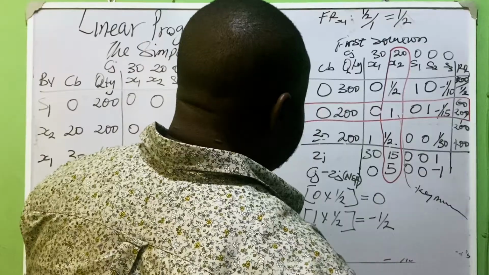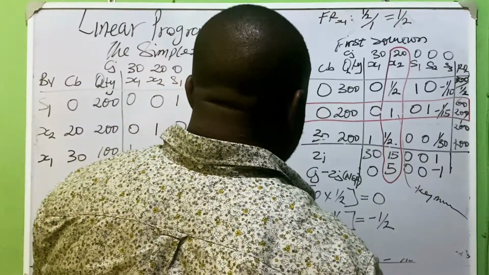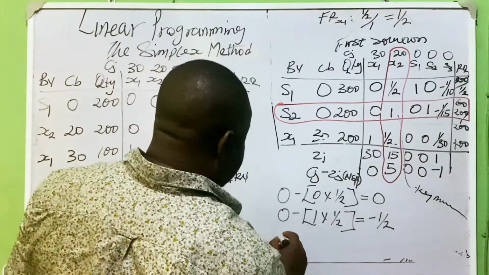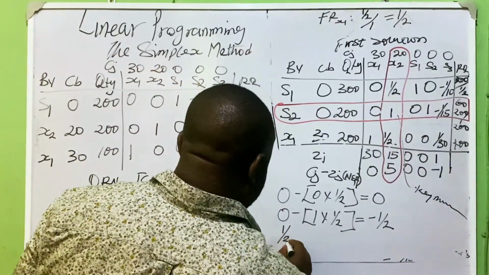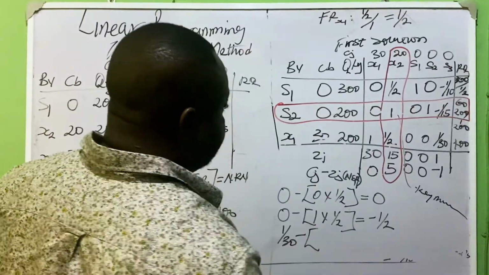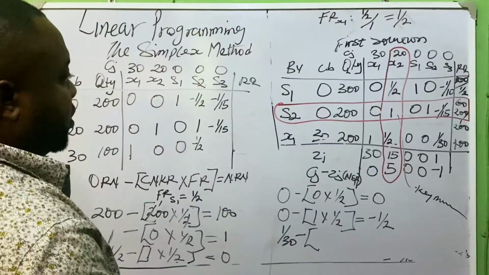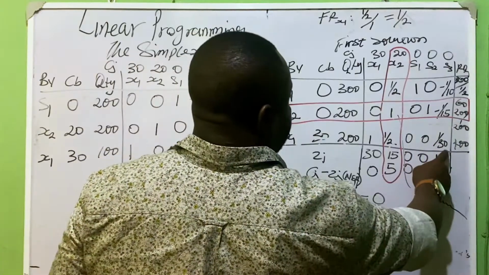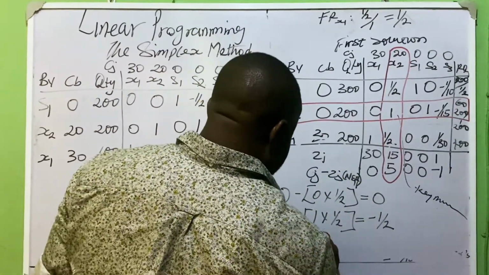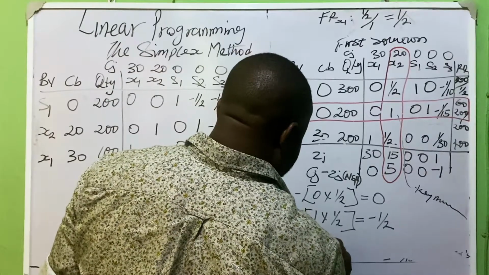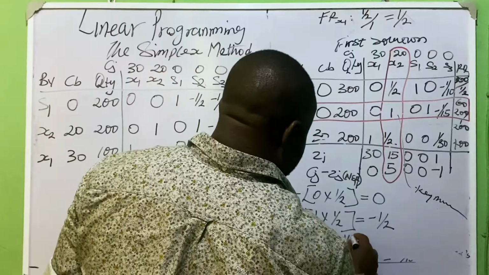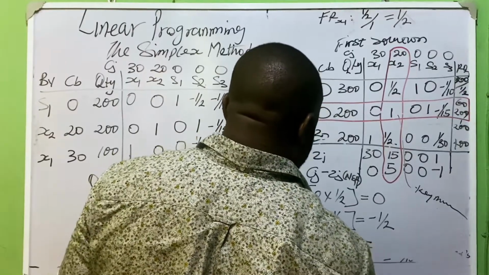Then the last but not the least will be to transform 1 over 30. So we have 1 over 30 minus the corresponding value to 1 over 30, which is minus 1 over 15. So we have negative 1 over 15 multiplied by 1 over 2. What do we have?